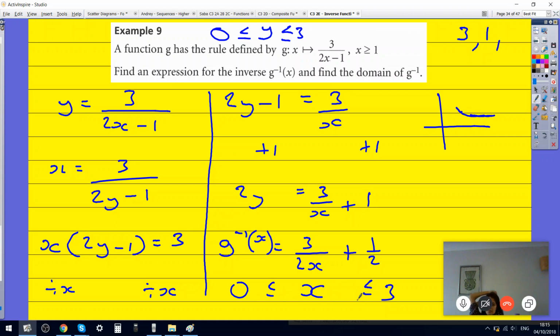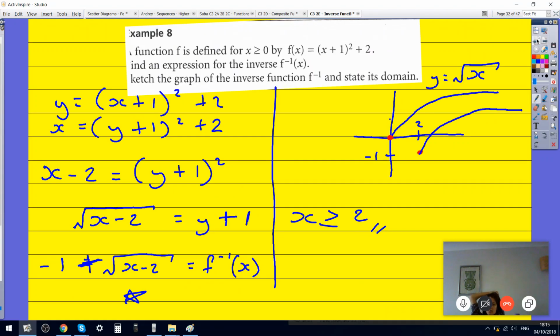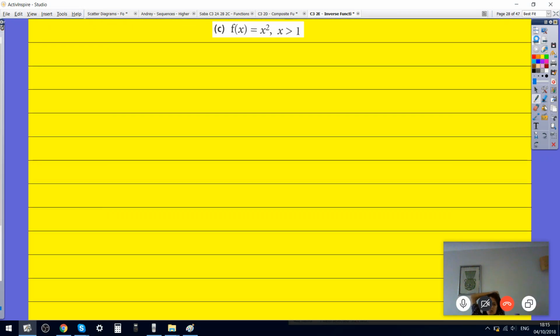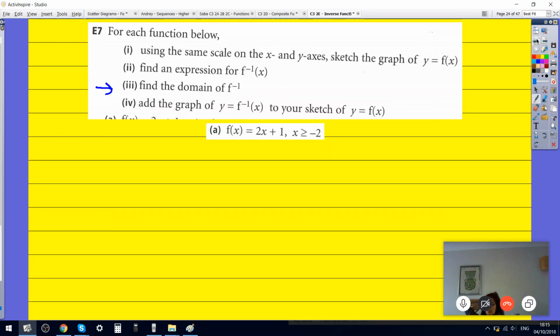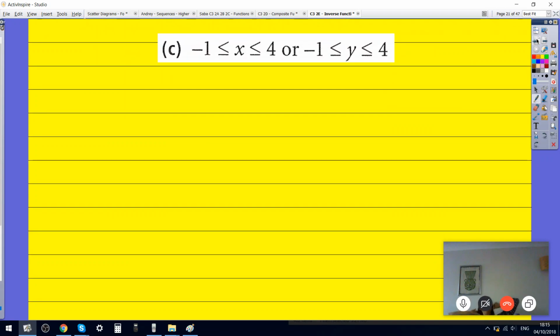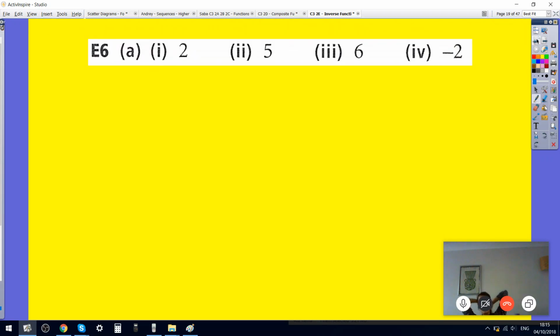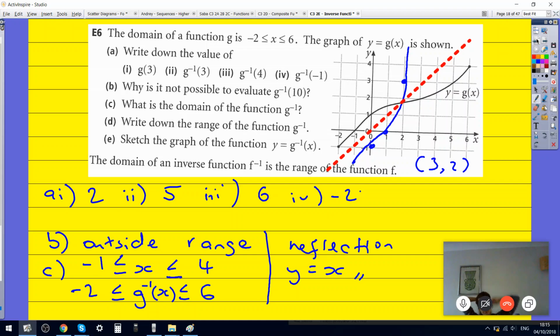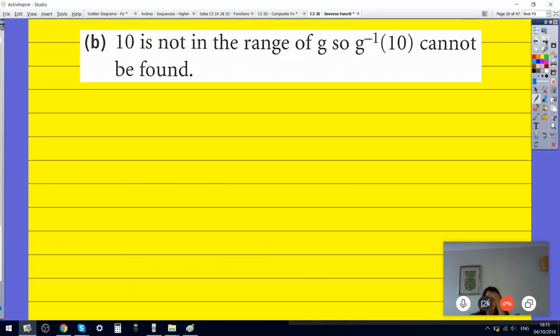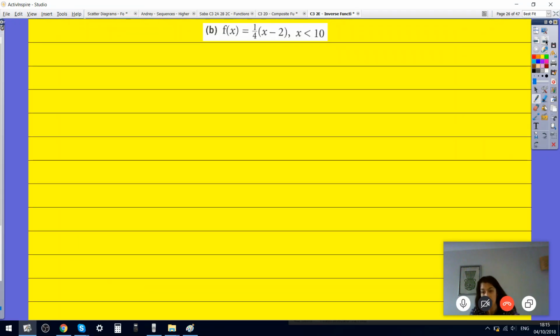So x is between 0 and 3. And that was illustrated, if I go way back, with this one. So basically, the domain is the possible x values for the function, and then those are the possible y values for the inverse, and vice versa. Okay. So that's domain and range.